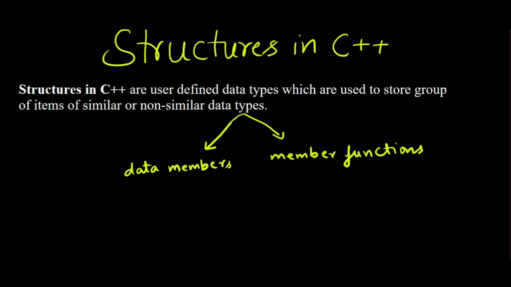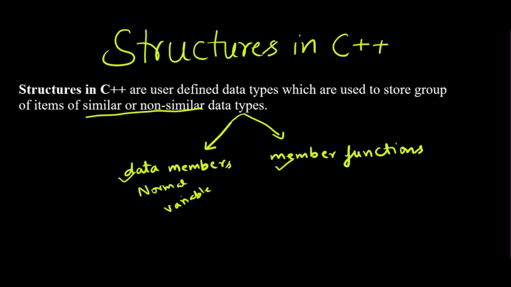So the structures in C++ are user-defined data types which are used to store a group of items of similar or non-similar data types. What type of values can they have? They can have data members and member functions. Data members means normal variables, and member function means functions.